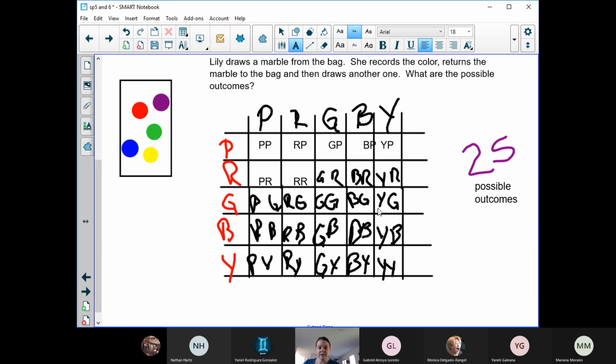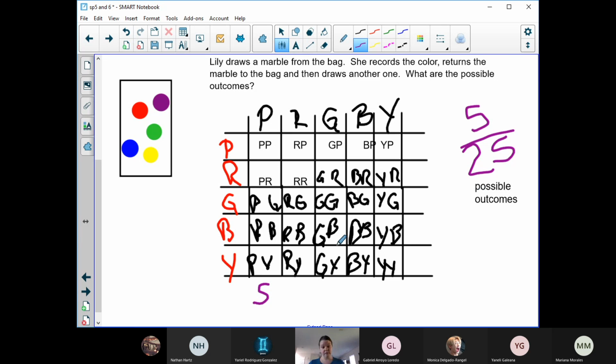Of those possible outcomes, I can figure out the probability of certain events. Let's say the probability of drawing purple first. I'm going to find all of them that have purple listed first, and that's 1, 2, 3, 4, 5. So the probability of purple first would be 5/25 or 1/5.